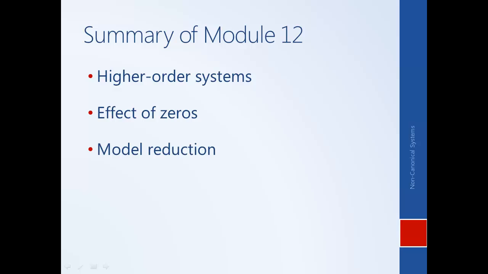Aside from trying to predict or understand non-canonical systems, we also wanted to understand how to create simpler models, to take these non-canonical systems and approximate them by canonical first order and canonical second order systems.